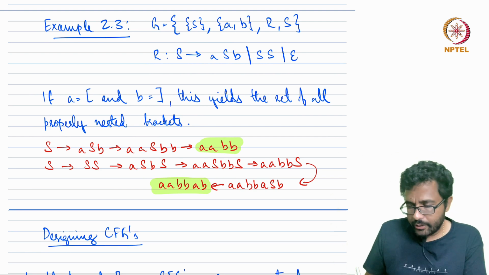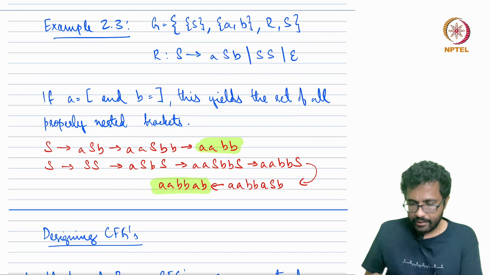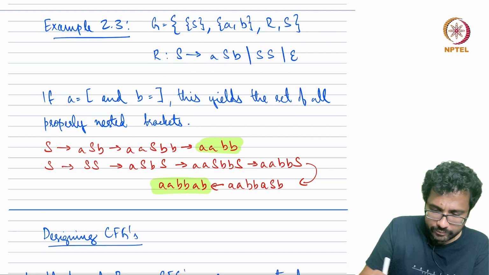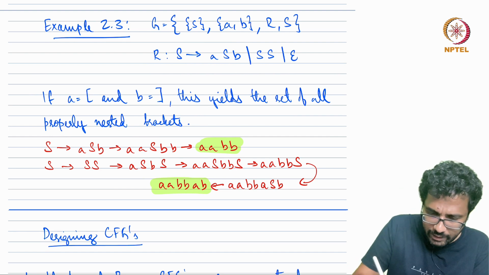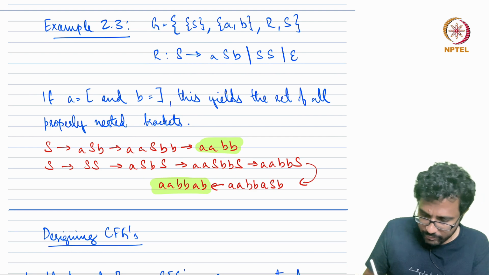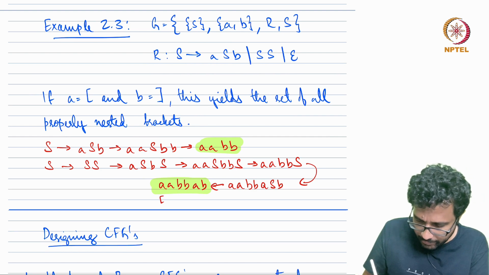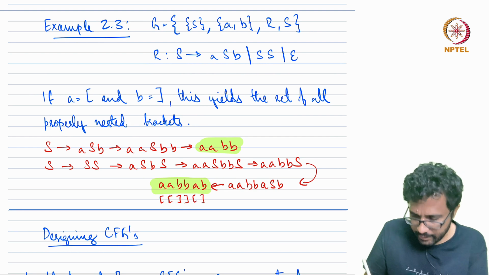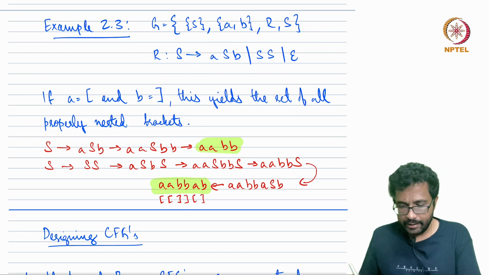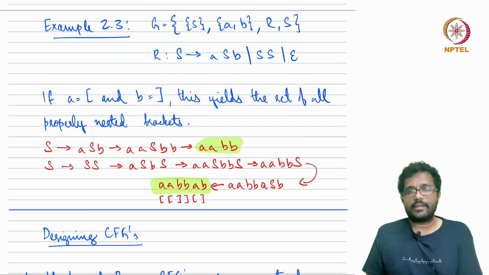So you can see two strings in both the cases. If you replace a with open bracket and b with closed bracket, you can see that this is indeed properly nested parentheses or properly nested brackets.